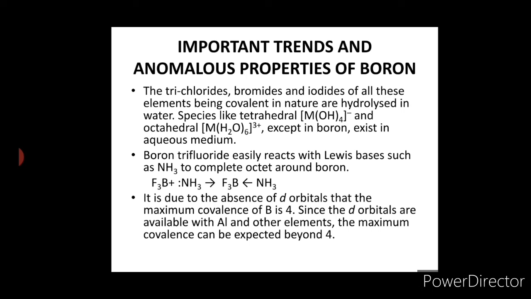And this behavior of boron is due to the smallest size of boron in its family, its high ionization enthalpy and the non-availability of d orbitals. That is why it shows some properties different from the rest of the members of the family, and these properties of boron are called anomalous properties.